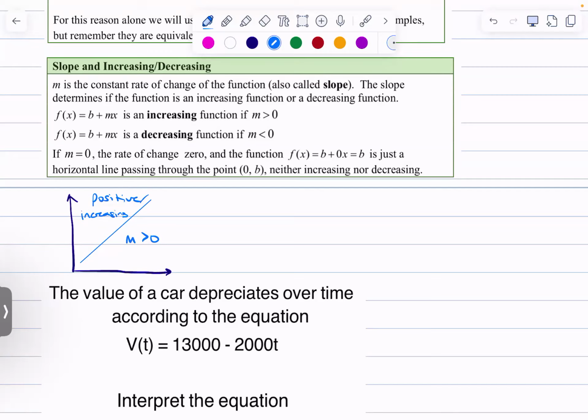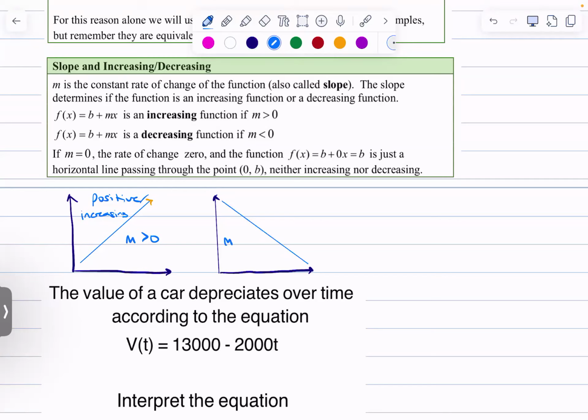It's increasing if as x is increasing, y is increasing, but I like, on the right-hand side, to imagine a little arrow, and the arrow's going up, right? And so then that reminds me that it's increasing. Versus my next option, which would look something like this.